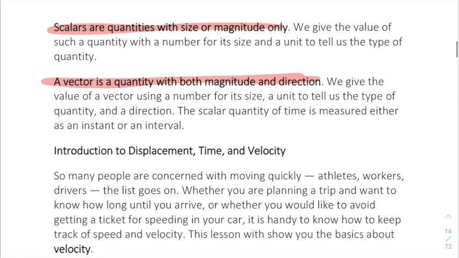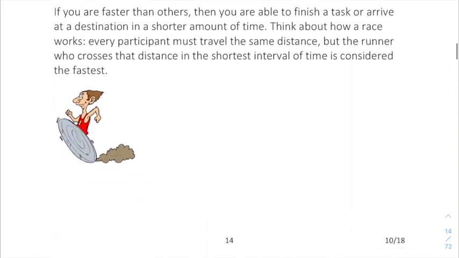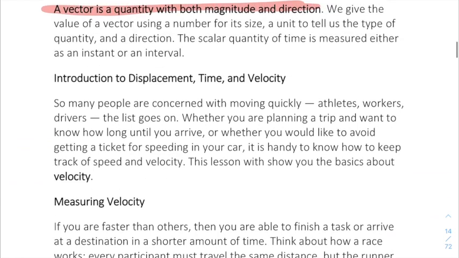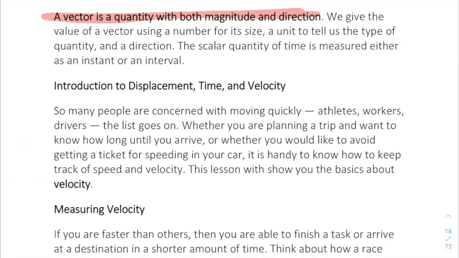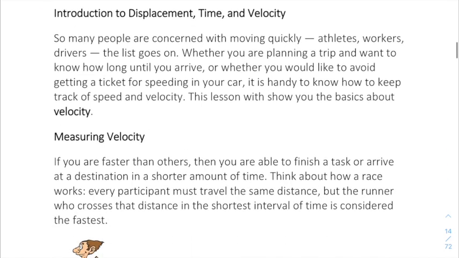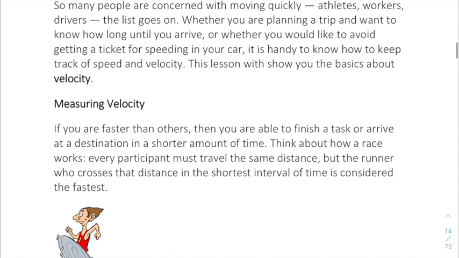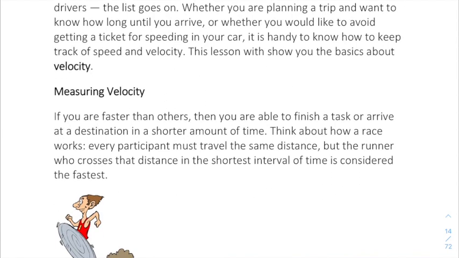Okay, at this point, I'm going to just finish up this last little bit since we already discussed this anyways. So, introduction to displacement, time, and velocity. If we are going to be measuring the velocity, then we are discussing a difference in displacement over an interval of time. I'm going to skip ahead.